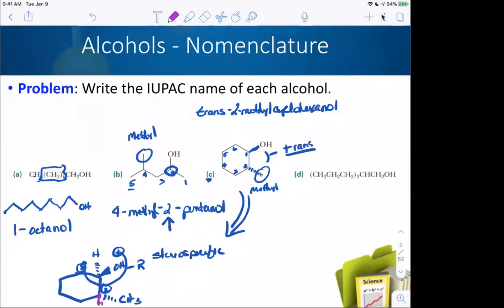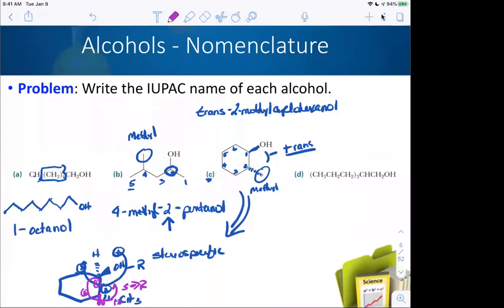Notice my hydrogen is sticking out at me. So whatever I get, I'm going to have to reverse because of that. So here I have priority 1, priority 2, priority 3. That is going to be counterclockwise, which is S, but I go to R because this hydrogen is pointing out at me and it's supposed to be pointing behind me.